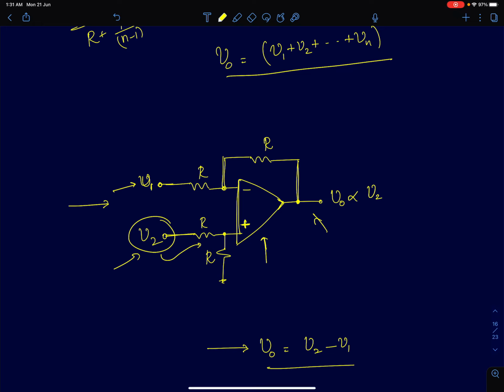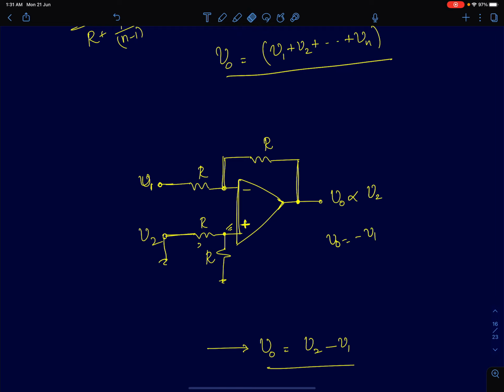The sign will not get changed. Exploiting that, we can build a simple subtractor. To show how it behaves as a subtractor, you can apply the principle of superposition. If V2 is 0, this node will also come to ground. If this node is ground, the output voltage will be minus V1.